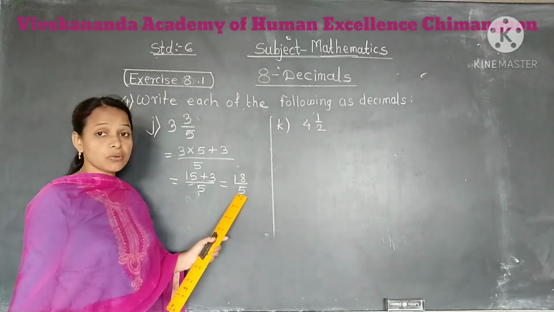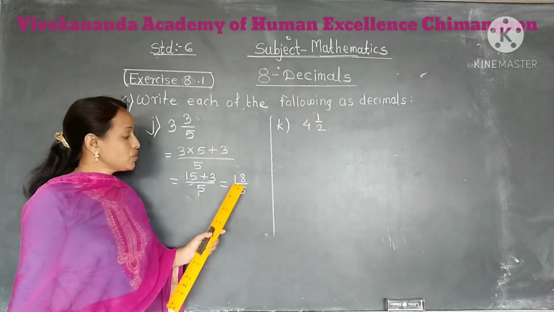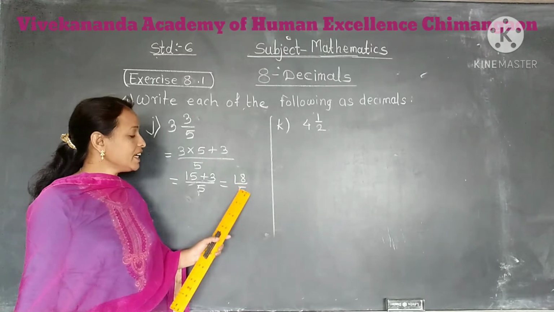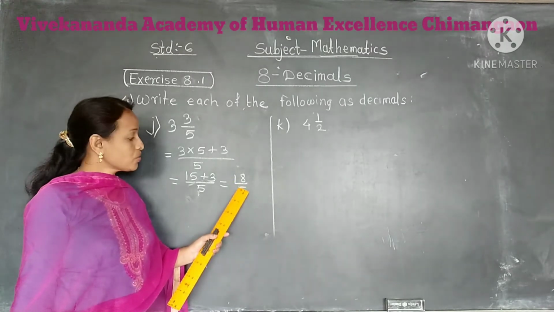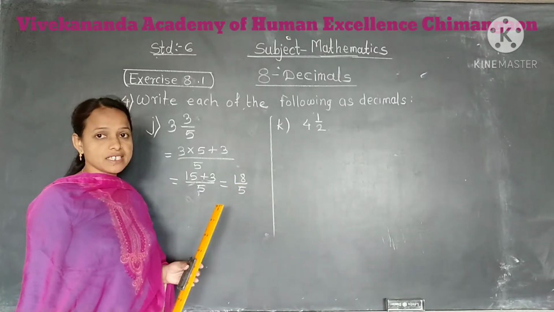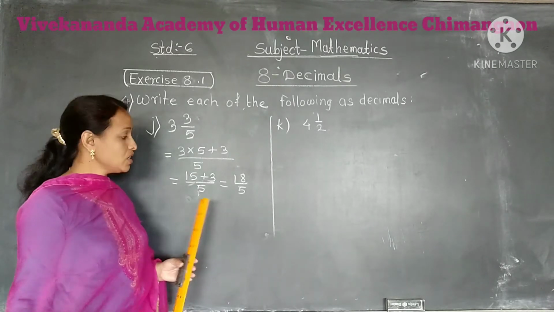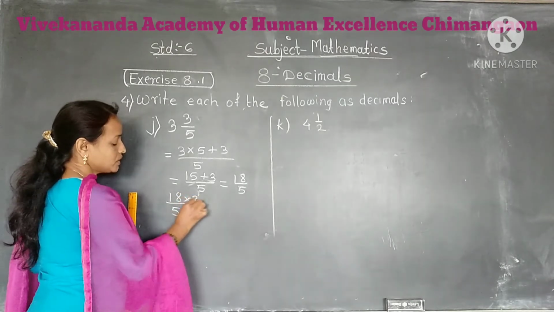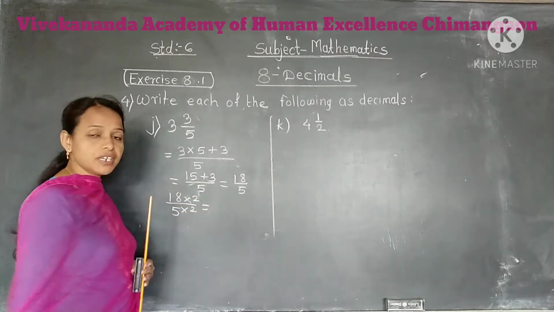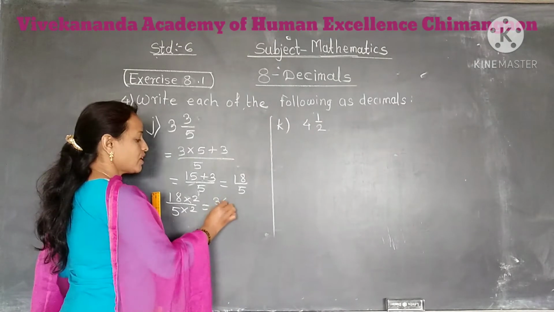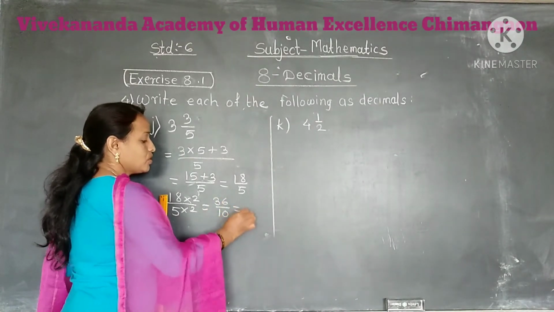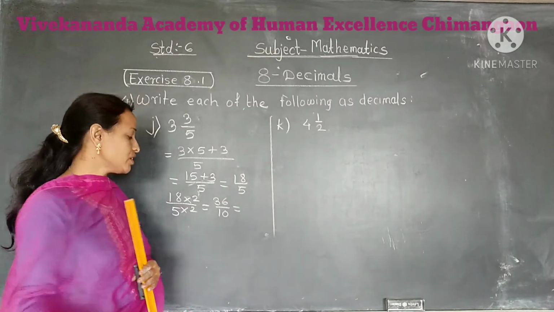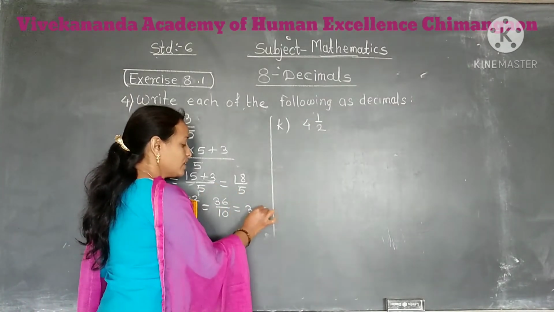Now we want denominator 10. To express 18 upon 5 as a fraction with denominator 10, we multiply numerator 18 and denominator 5 by 2. 18 twos are 36 and 5 twos are 10. So we write 36 upon 10 in decimal notation as 3.6.